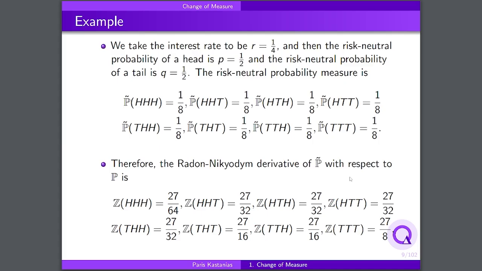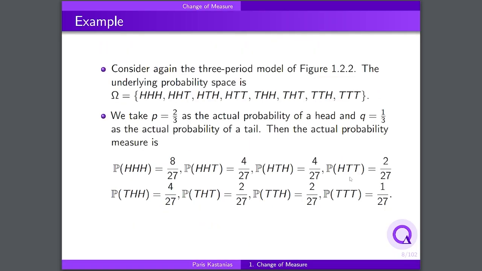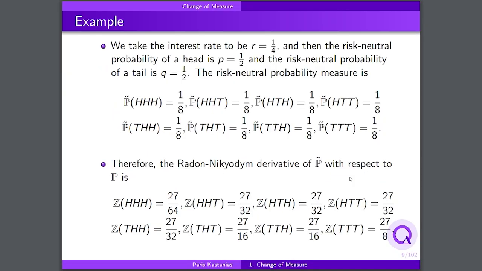P tilde for HHH is 1/8. Then we divide that by P, which is 8/27. Then what is this thing equal to? It's going to be equal to 27/64 in this case.